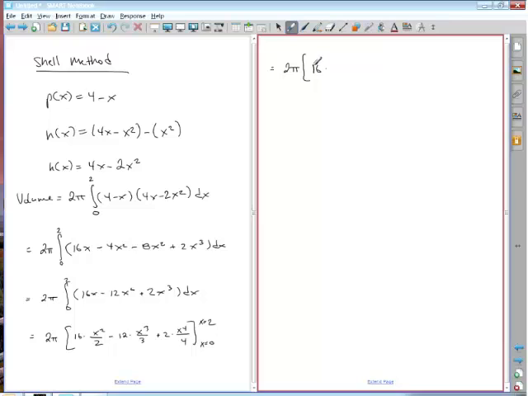times 16 times 2 squared over 2 minus 12 times 2 cubed over 3 plus, oops, I got an extra 2 in there. So we have 2 times 2 to the 4th over 4. So that's the upper limit, and the lower limit is 0.